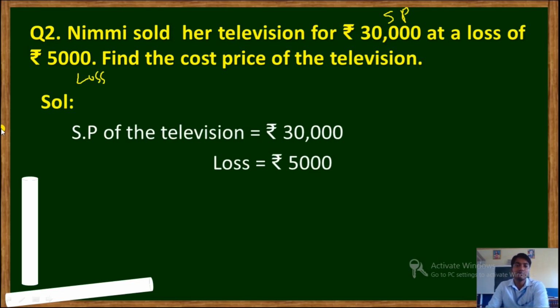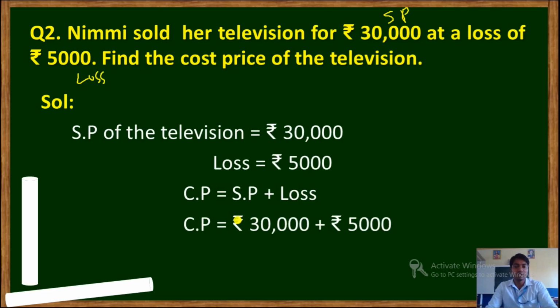According to loss we have to use the formula to find out cost price. Cost price equals selling price plus loss. Now use the values, 30,000 plus 5,000. When we add, we'll get here 35,000. This will be the answer of this question.